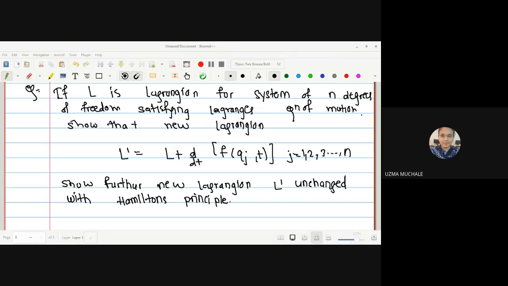Correct. Okay. Show that the new Lagrangian satisfies... if L is a Lagrangian for the system, then L dash will be unchanged with the Hamilton's principle.